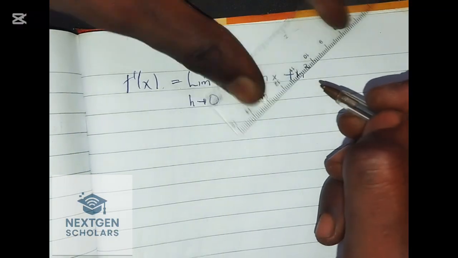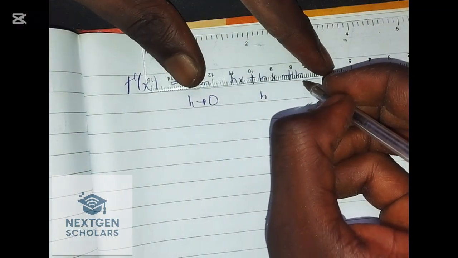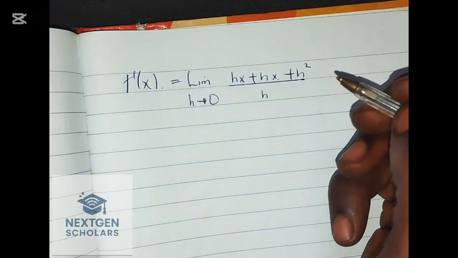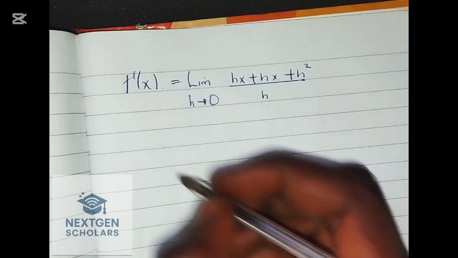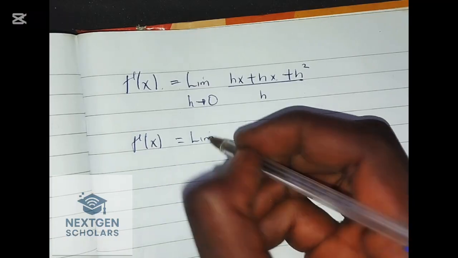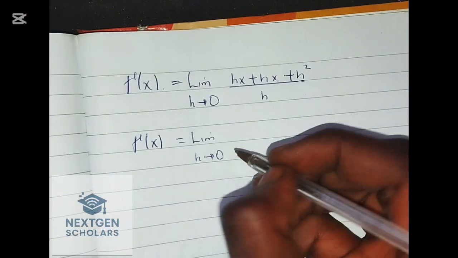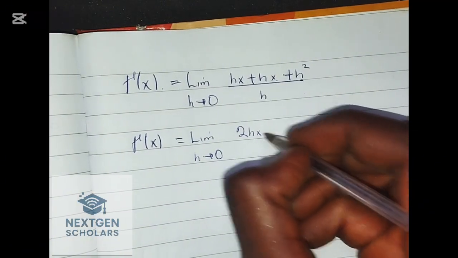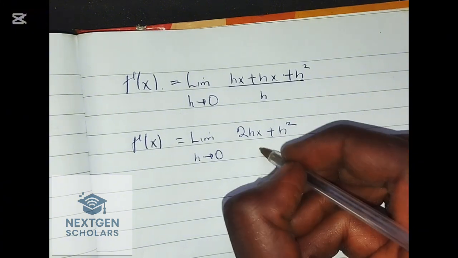That's what we have at that point. hx plus hx is 2hx. So f prime of x is equal to the limit as h approaches 0 of (2hx + h squared) all over h.